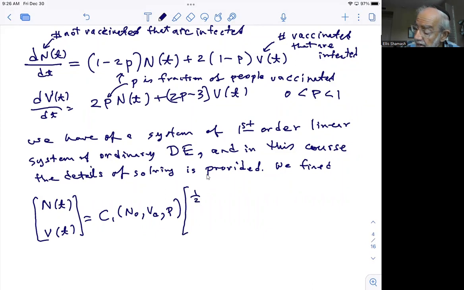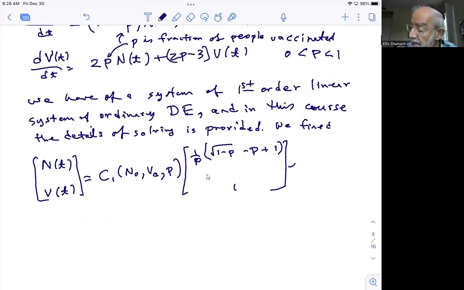And then a vector here, which is only dependent upon that p number, for one of the components, and exactly 1 for the other. And then multiplied by, so these are all constant terms. They do not change with time.